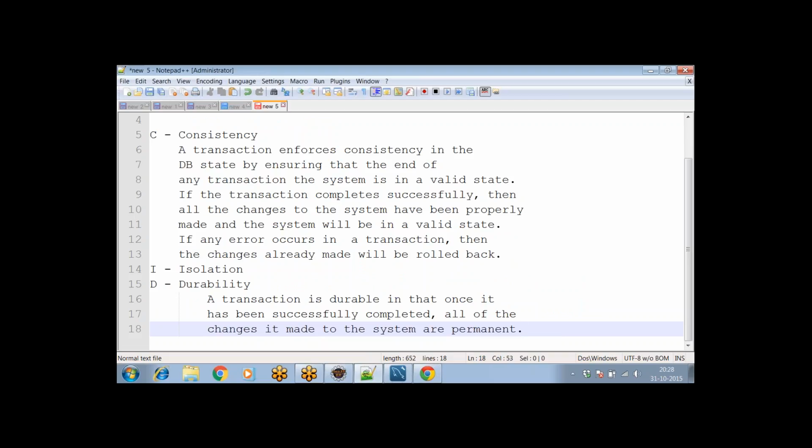So it should make sure that all the changes have been made permanent, so that even if the system crashes, we'll have that data.